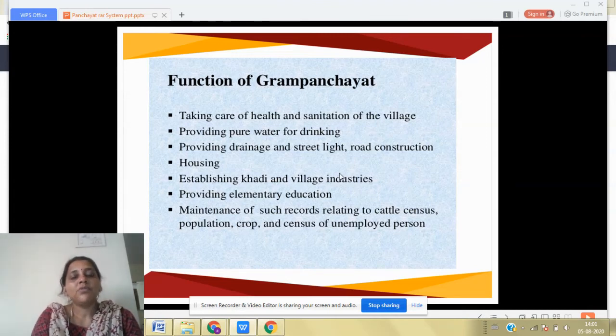And what are the functions of the elected members? What are their duties and responsibilities towards the areas, villages or wards, for the benefit of the people?